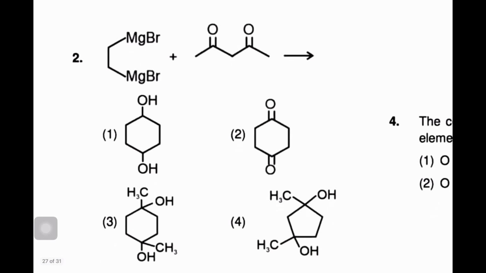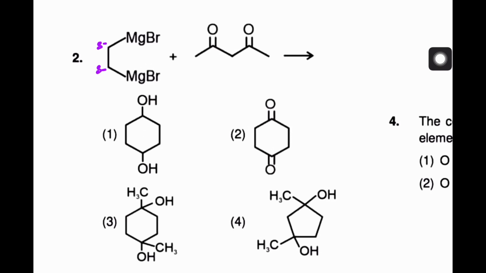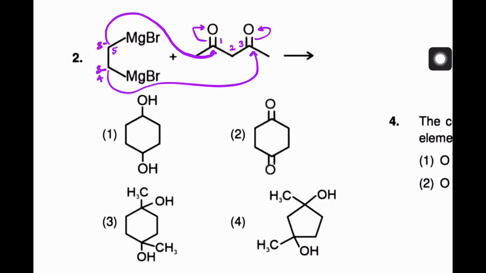Now let's move to the next one. This is the Grignard reagent, and it is treated with acetylacetone. We have two carbonyl carbons. So the nucleophilic carbon of this Grignard reagent will attack here, and this will leave. This will attack this carbon, and this will leave. So we will get a 5-membered ring: 1, 2, 3, 4, 5.